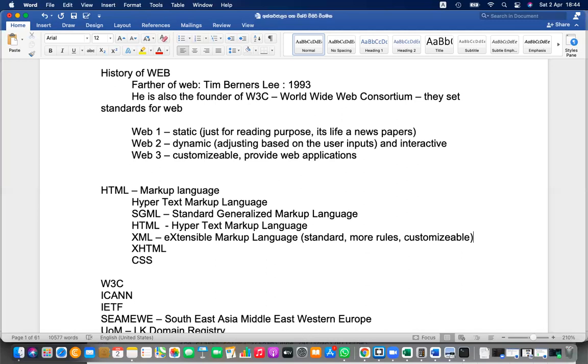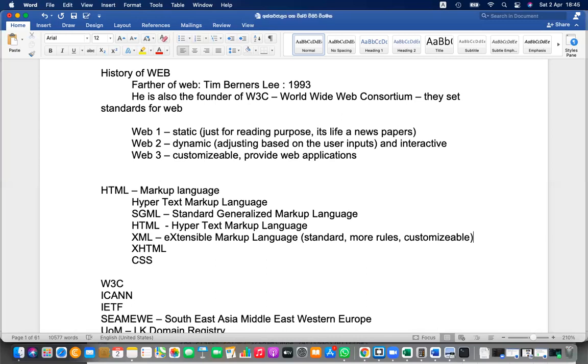It's very simple. It did not have any specific rules. For example, you can write code in capital or simple letters, it doesn't matter. If you start with capital, you can end with simple. You can put quotations on the attributes, or you can ignore them. You can introduce your own tag. So that is HTML, no rules.